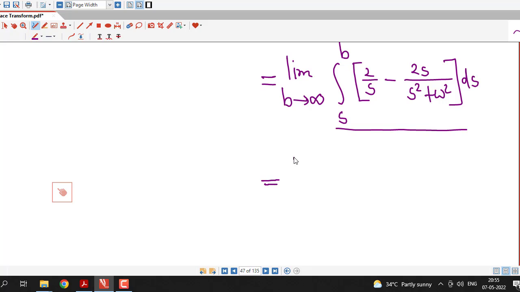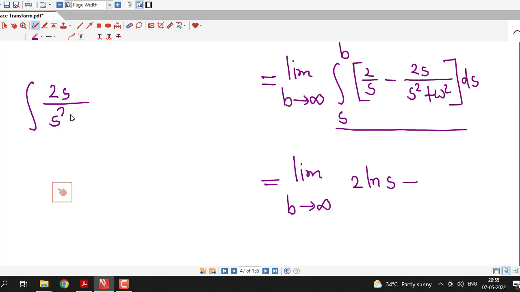Now we know these formulas of integral. Integral of 1 by s is 2 times log s minus integral of this function 2s divided by s square plus omega square.